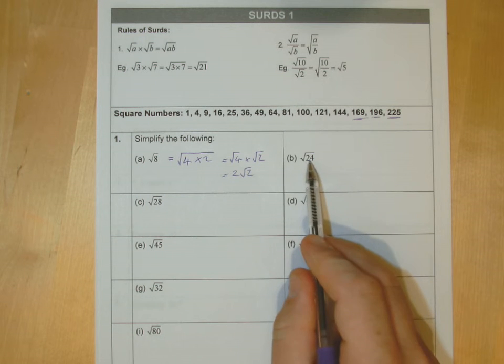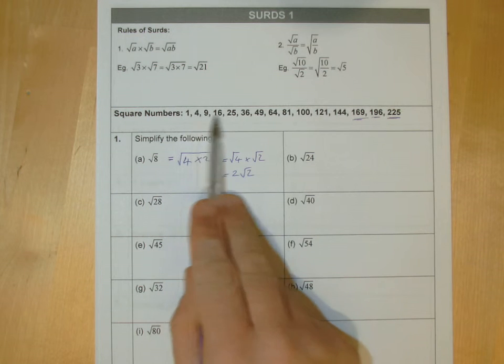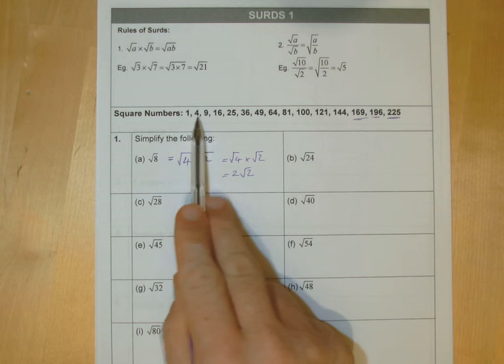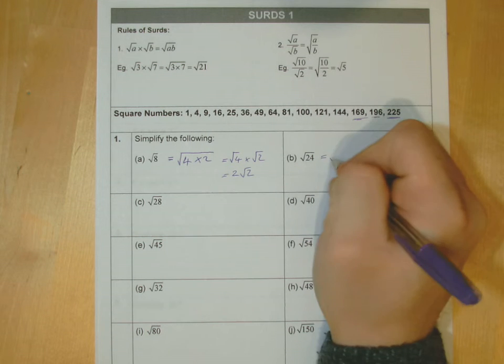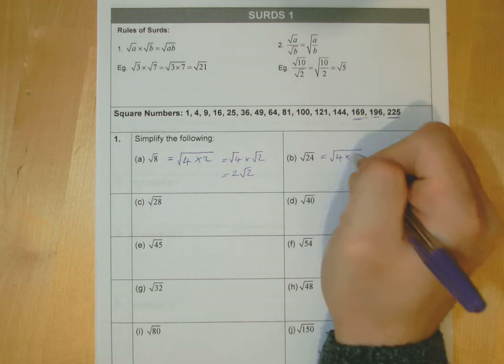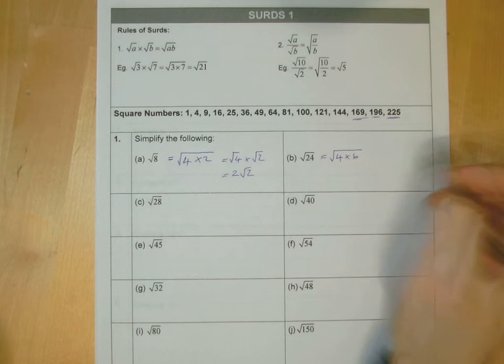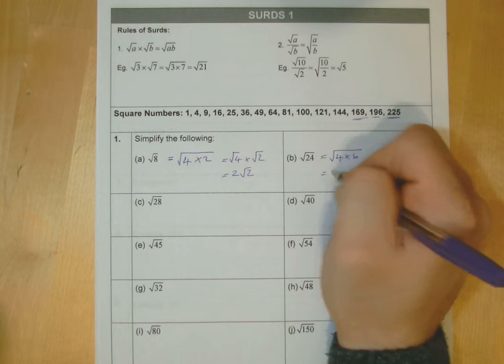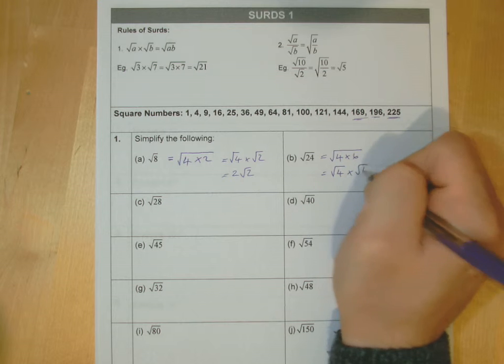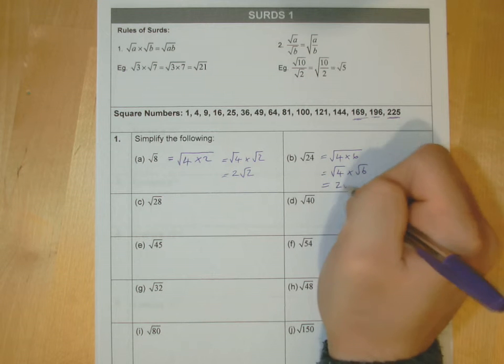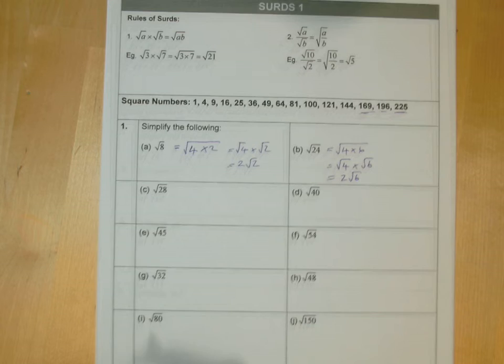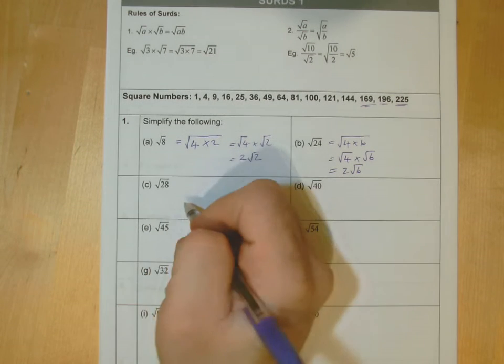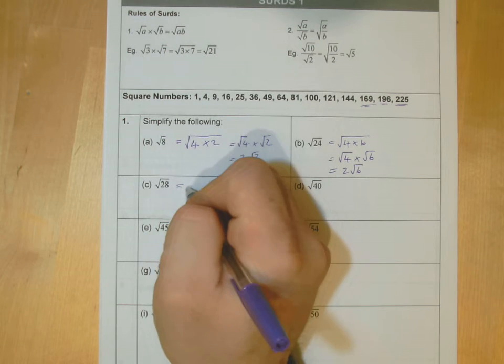Do the same for root 24. Again, think about a square number that goes into 24. 4 again, so you could write that as 4 times 6. Again, use the rules of surds, split it up, root 4 times root 6, and then root 4 is just 2, and then root 6. This one here, 28, again I know 4 goes into it.